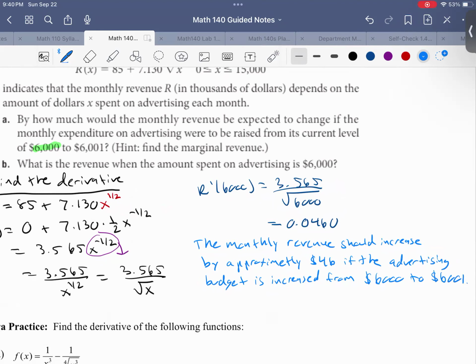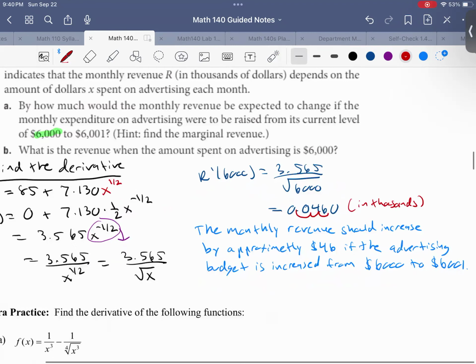So if we increase the advertising budget from 6,000 by one additional dollar, the monthly revenue would increase by $46. Remember, we're talking about thousands, so that's why the decimal moved over 3 times: 1, 2, 3. That's why it's $46. Okay, so that's part A, our marginal revenue.